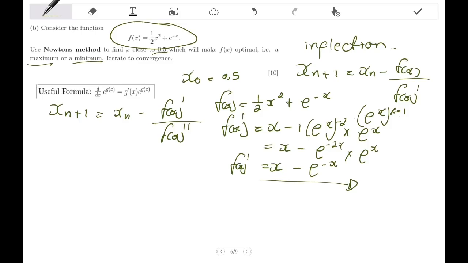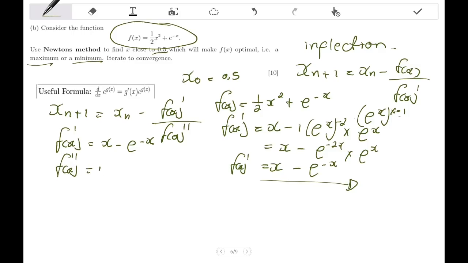First derivative. Then the second derivative, we are going to do the same. F of x, first derivative is equal to x minus e to the power minus x. Then I want to find the second derivative now. The f second derivative is equal to the derivative of x, which is 1.